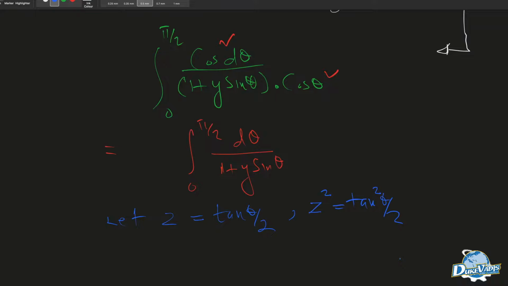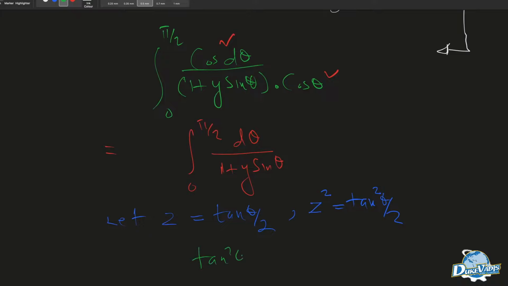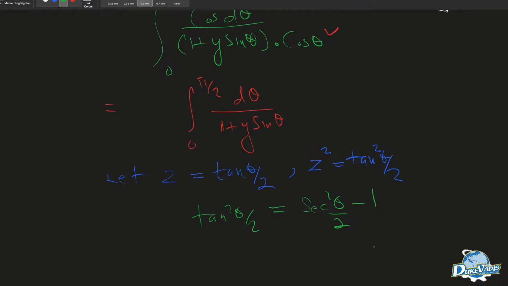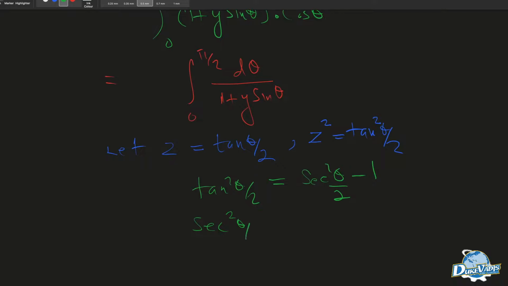tan squared theta is given as sec squared theta minus 1. So our tan squared theta over 2 is given as sec squared theta minus 1. Okay, so in this wise, we can make sec squared theta the subject, so that our sec squared theta will be equal to 1 plus tan squared theta over 2.